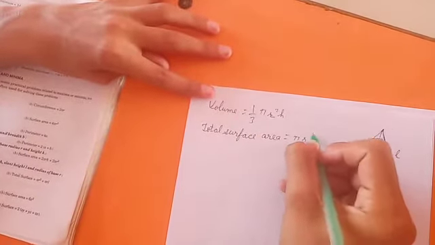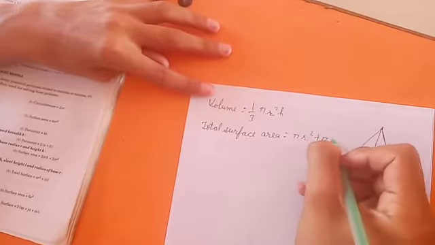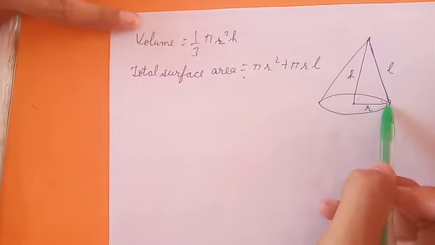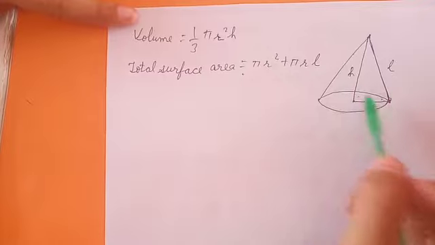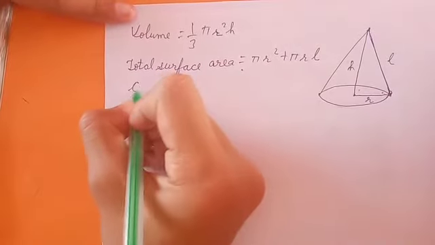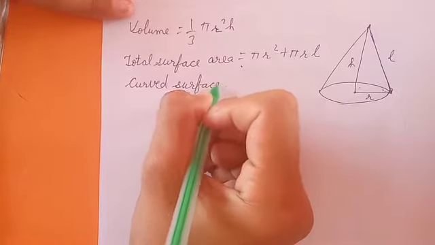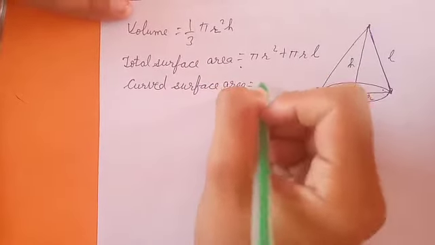It is pi r square plus pi r l. Pi r square is the area of this circular base and pi r l is its curved surface area. So we can write curved surface area equal to pi r l.